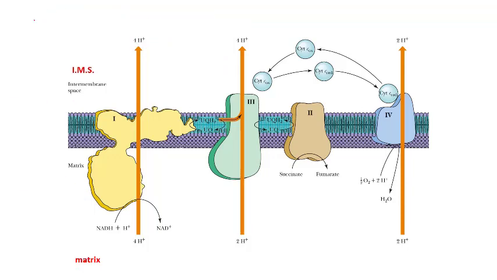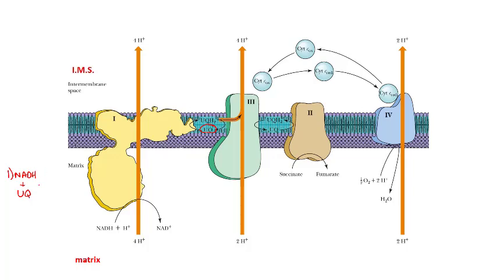All right, so there are 4 reactions of the electron transport chain. Reaction 1. NADH becomes oxidized and the next electron carrier, UQ, ubiquinone or coenzyme Q, is what's going to pick up the electrons.